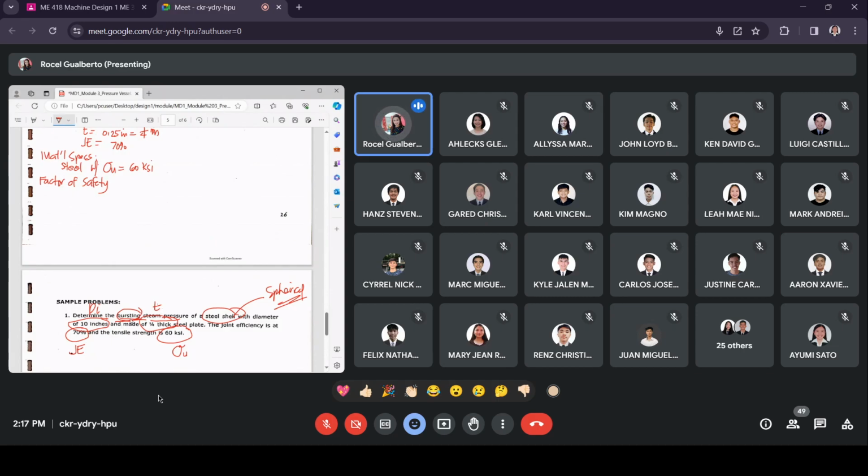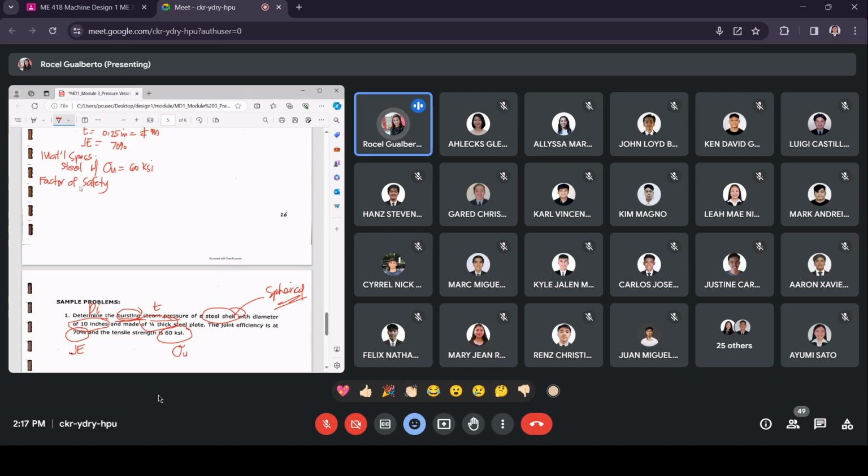So, in order for this to burst, you don't need a factor of safety. Because if you apply here a factor of safety in your computation, then the pressure that we will obtain will be a safe value of the pressure. That is why in this particular problem only, we will not incorporate a factor of safety.